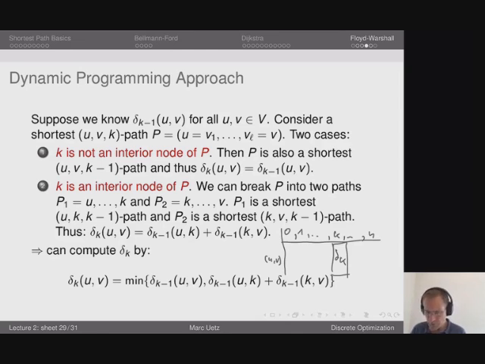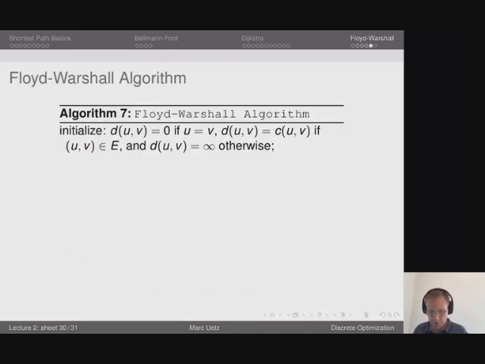And we can compute this value delta K here in this table by just looking up the corresponding values in the previous column, K minus 1, according to the update step that I just explained. So that's already the whole algorithm. So the pseudocode goes as follows.